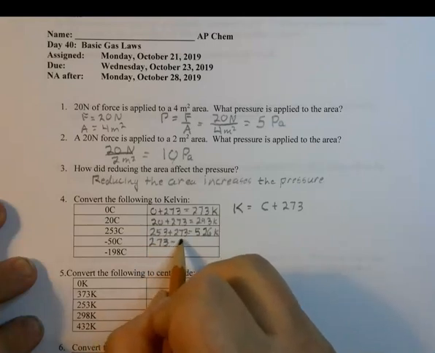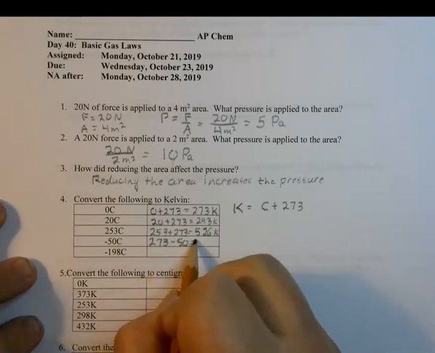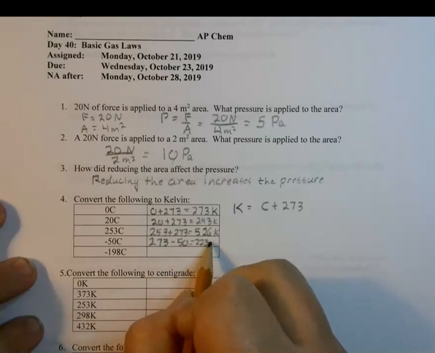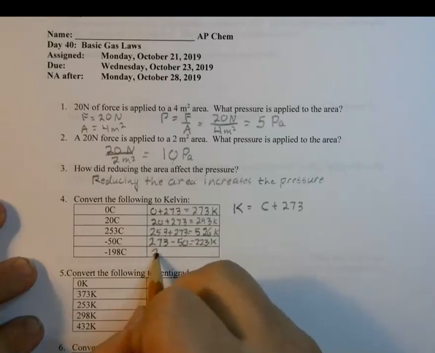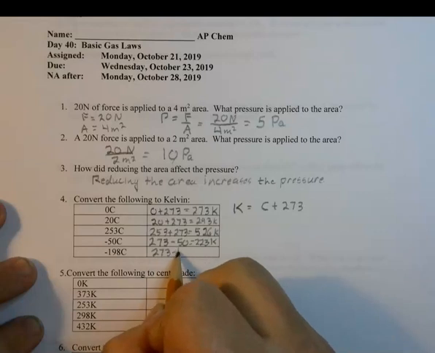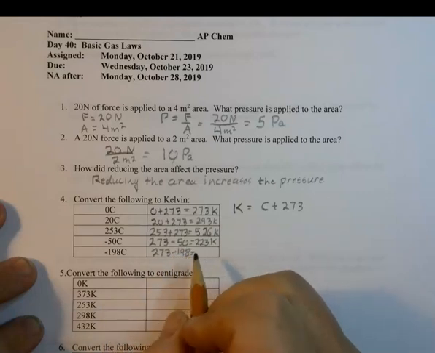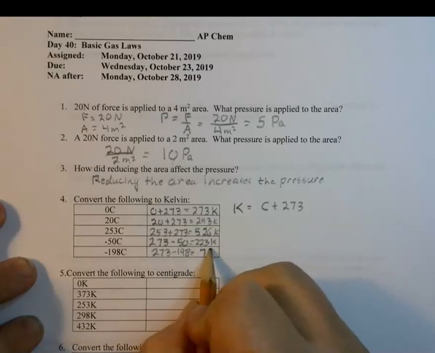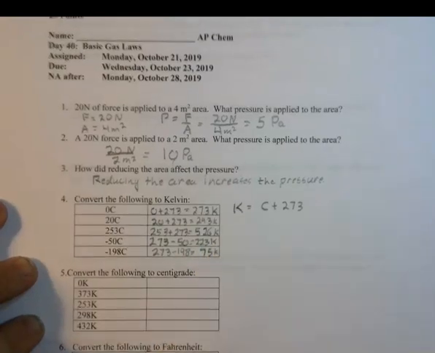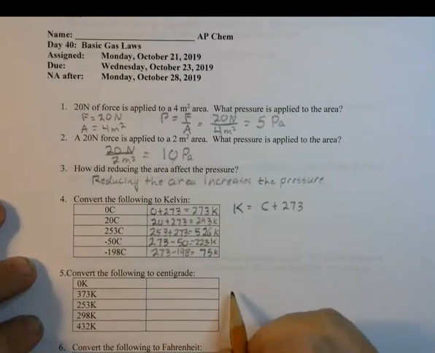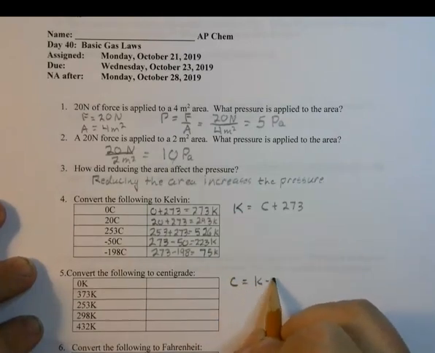For negative, you just subtract. And that's going to be 75 Kelvin. Okay, that's that. Now we'll go in the other direction. The formula is just the opposite. C equals K minus 273.